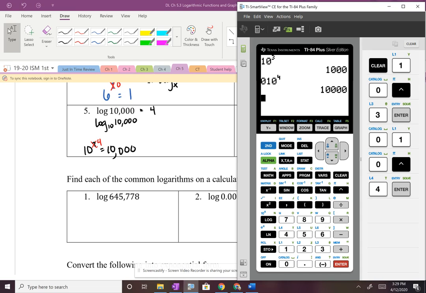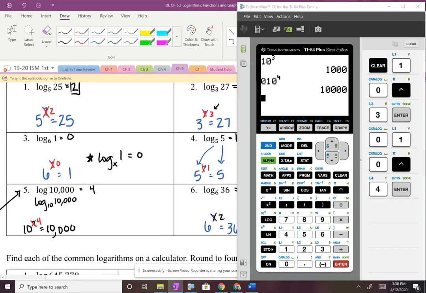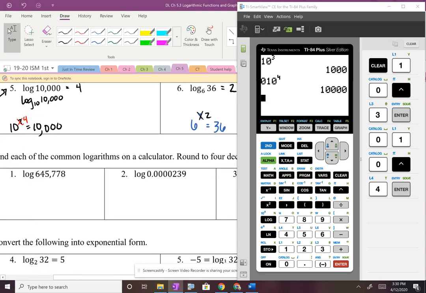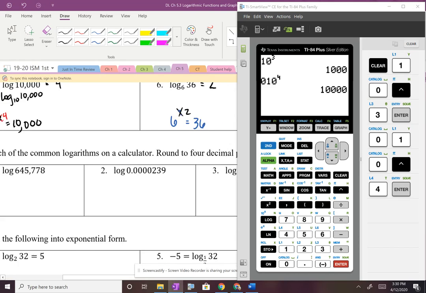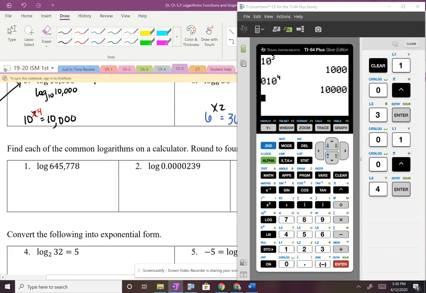Now, again, this is the common log. This does not work with anything that has a base. So on the previous examples that we looked at, the only one that we can put in the calculator is number 5, because it's the only one without a base. So again, notice that 1, 2, and 3 here, these examples don't have a base.